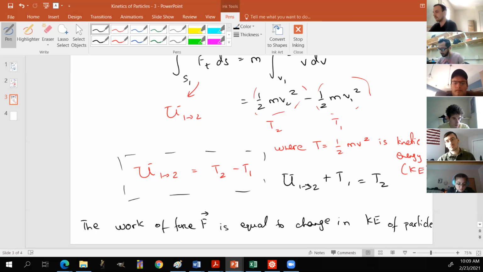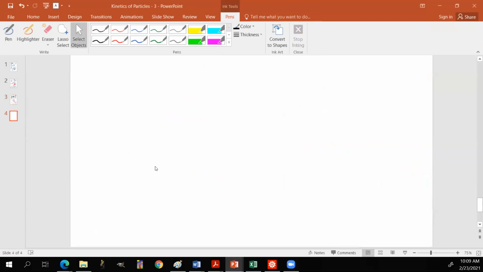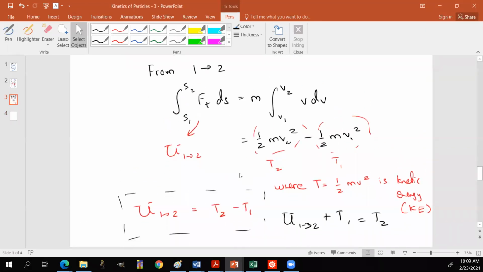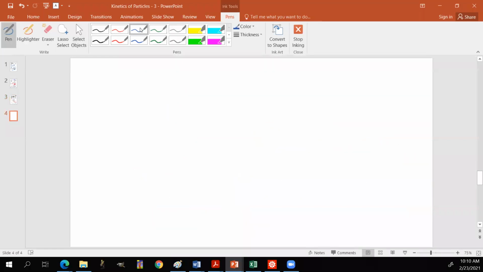All right, guys, let's get back into it. If we take a look at a quick example, let's say we have something like a pendulum, right? A pendulum fixed on top.